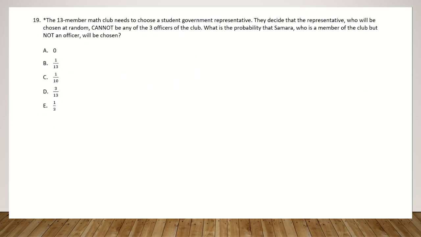The 13-member math club needs to choose a student government representative. They decide that the representative who will be chosen at random cannot be any of the 3 officers of the club. What is the probability that Samara, who is a member of the club but not an officer, will be chosen? This is one to try on your own. You have 1 minute.